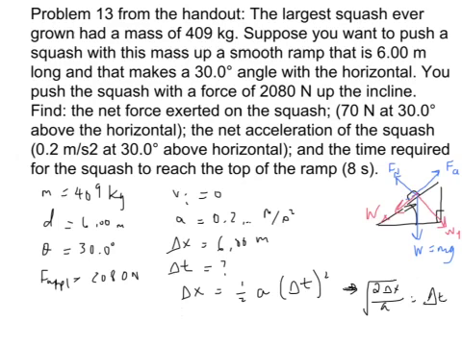You plug in your values. Delta x is 6. Plug in 6 times 2, 12, over 0.2 dot dot dot. Take the square root of that answer. And you get as your final answer something around 8 seconds. Again, round it to 3 sig figs. And that's the solution. That's how you solve these problems.